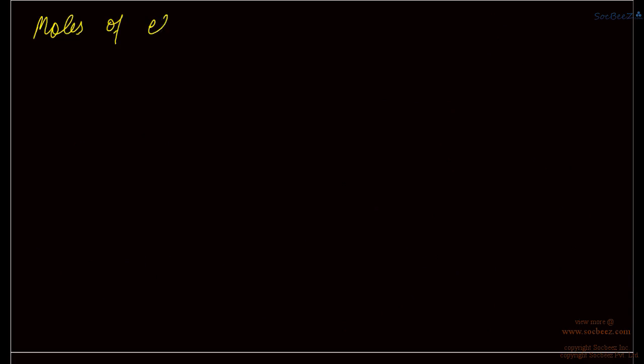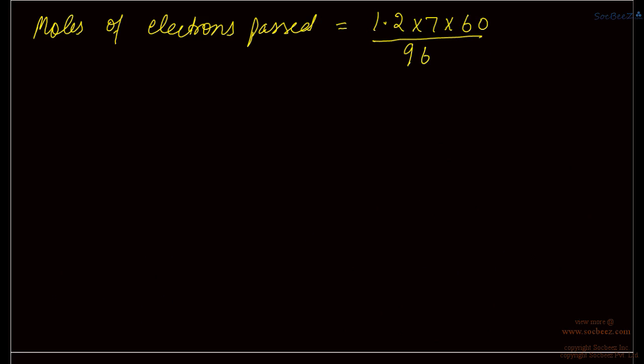Now therefore moles of electrons passed equals 1.2 into 7 into 60 upon 96500. For 7 more minutes, this is 7 into 60 seconds.